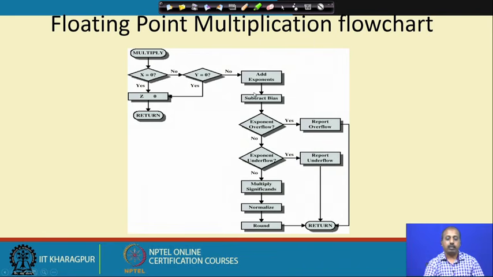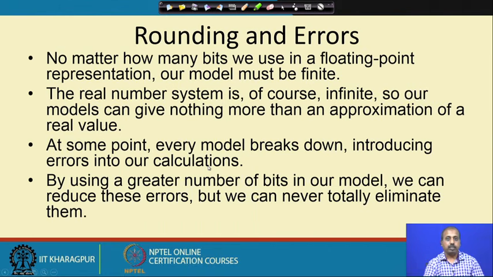We add the exponents and we subtract the bias. If there is an exponent overflow, we report overflow. If there is no exponent overflow, then we check whether the exponent underflows or not. In that case, we report underflow. If that is not the case, then we multiply the significants, do some normalization and then do rounding, and ultimately it returns. That way this floating point multiplication can take place.